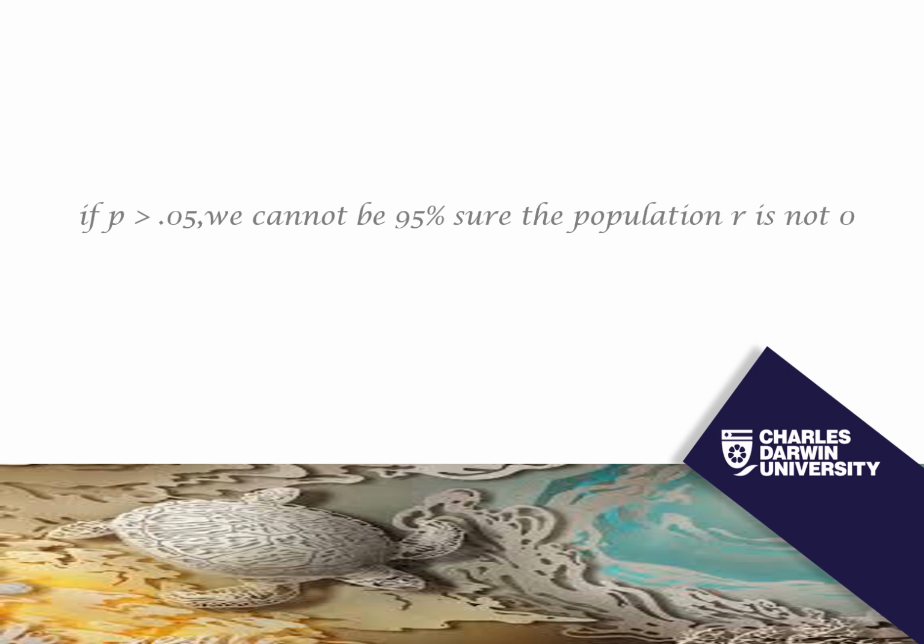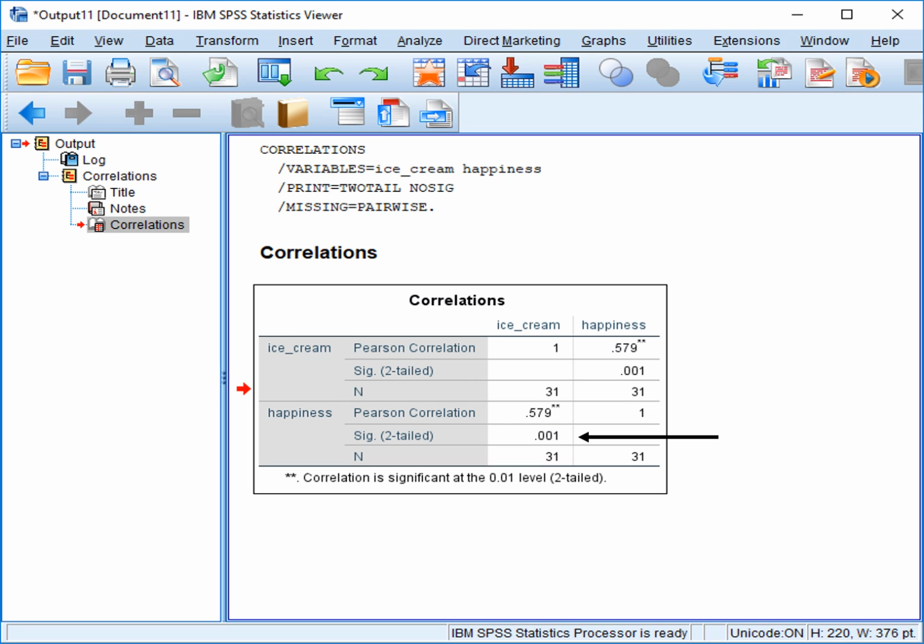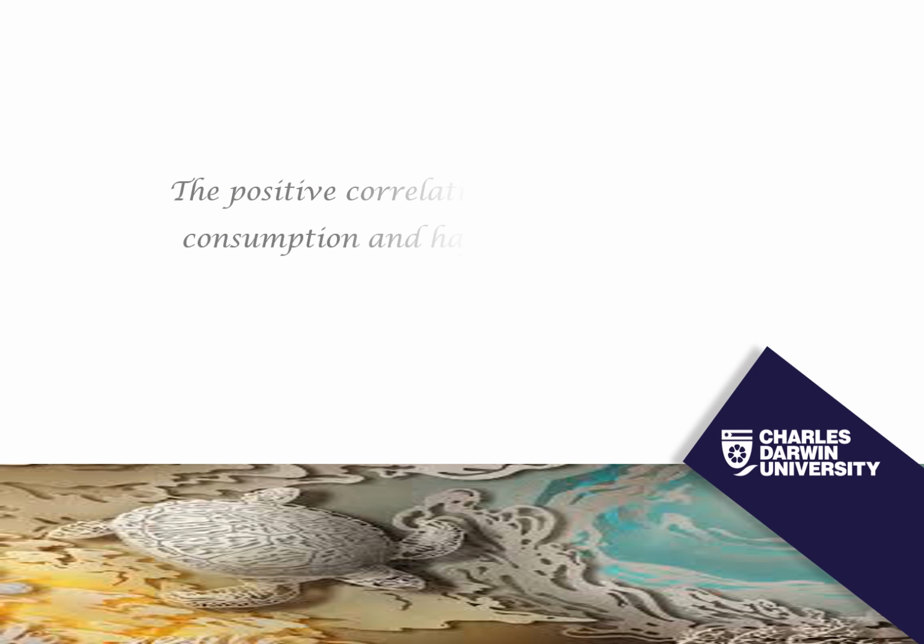In this example, the p-value is less than 0.05. We can thus be 95% certain or more this correlation differs from 0 in the population. Specifically in statistical lingo, we conclude the positive correlation between ice cream consumption and happiness is indeed significant.